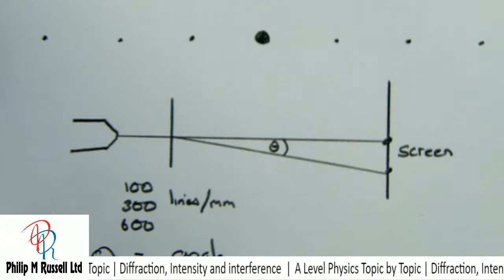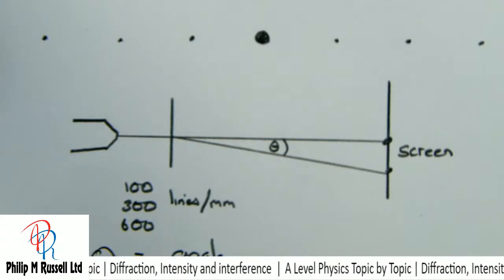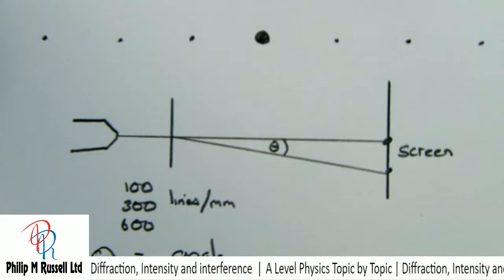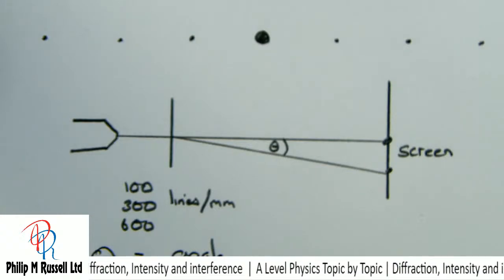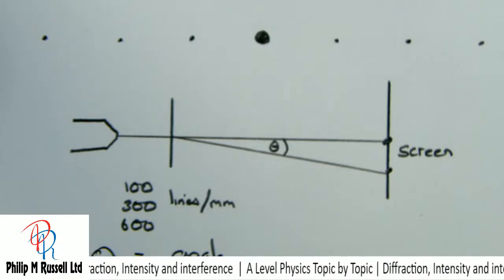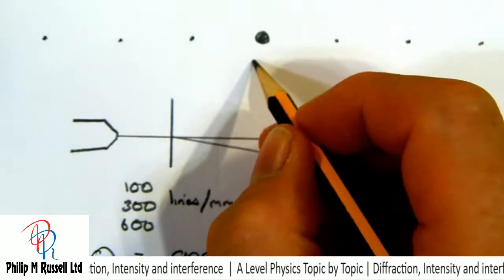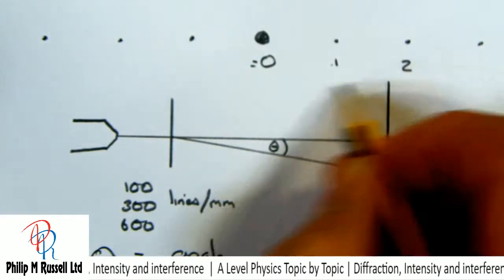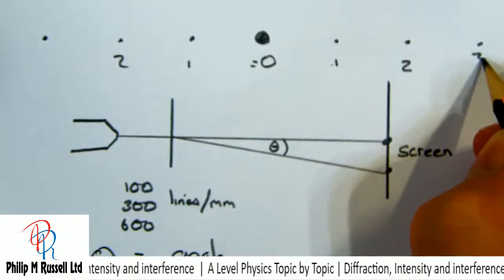N is my order number. The order is the bright spot number from the central maximum, which is N equals 0. So that's 1, 2, 3, and so on.